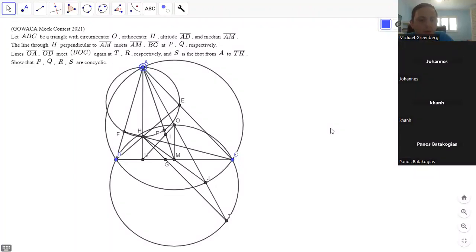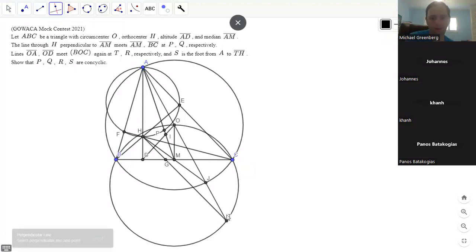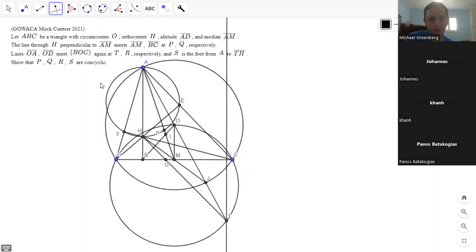So AD over OM, we want to show that's DG over GM. And then DG over DH, like maybe we could drop a perpendicular from T to BC. DG.